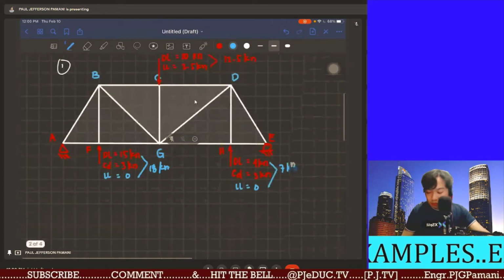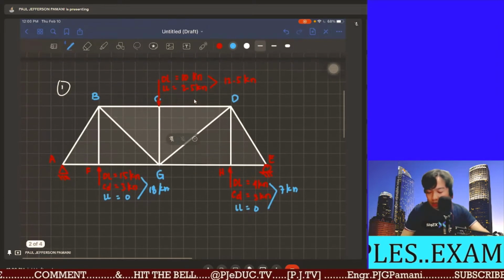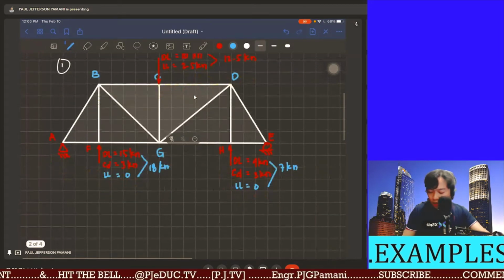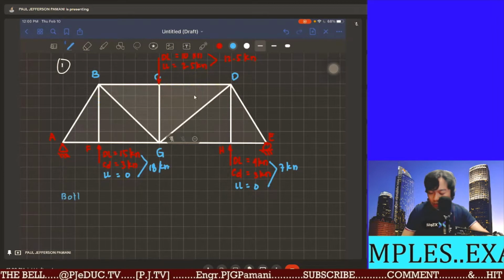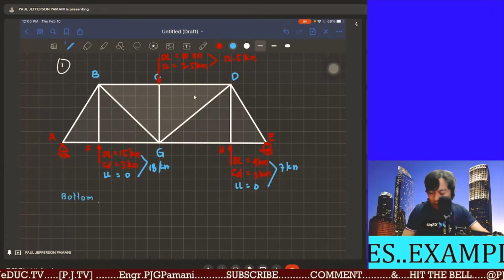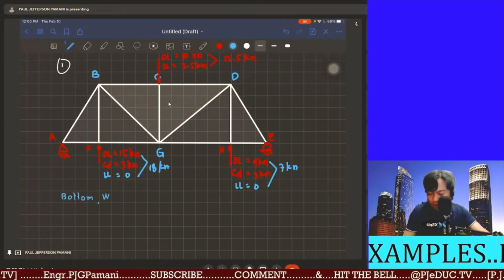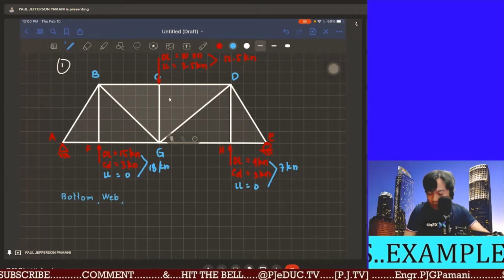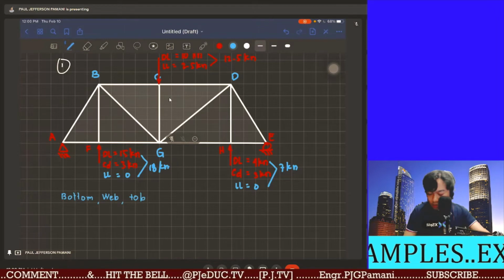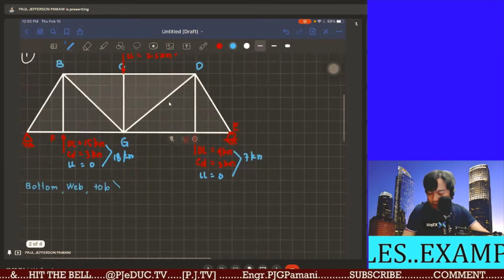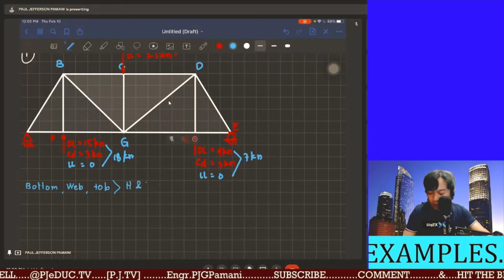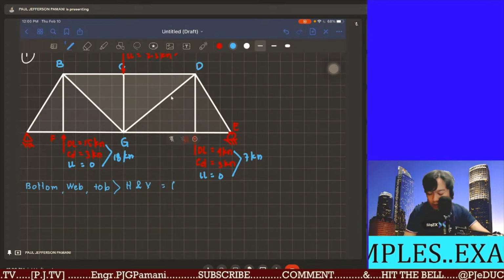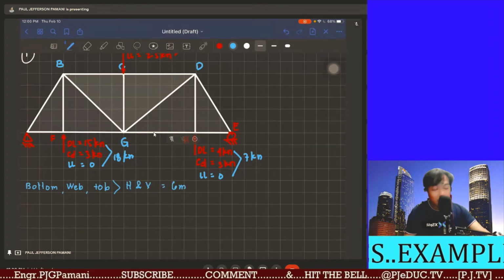Okay? Ngayon, lagyan natin ng parameters, length of each members. All bottom members and web and top members, horizontal, vertical members are 6 meters steel section.